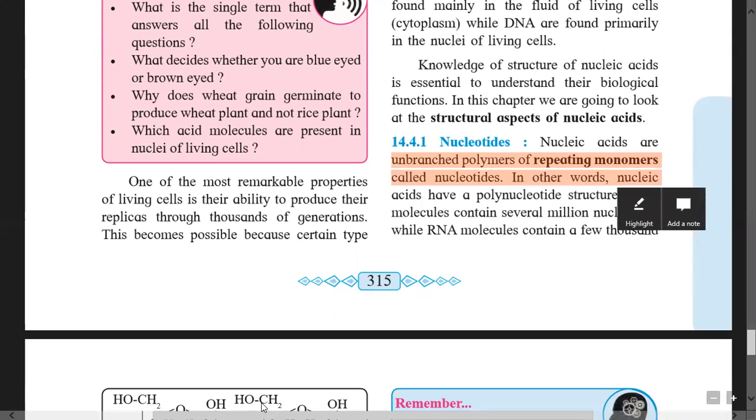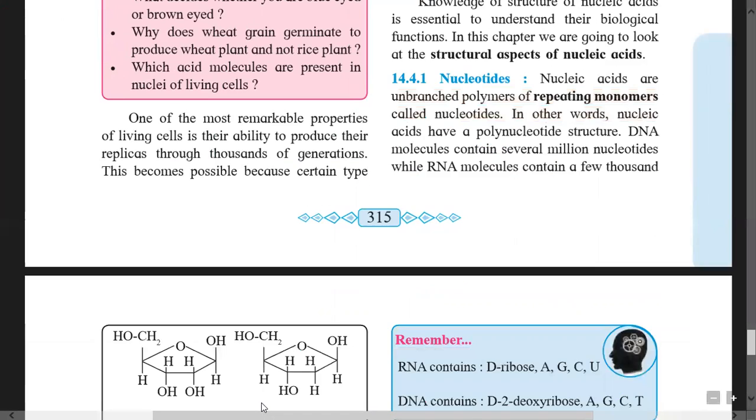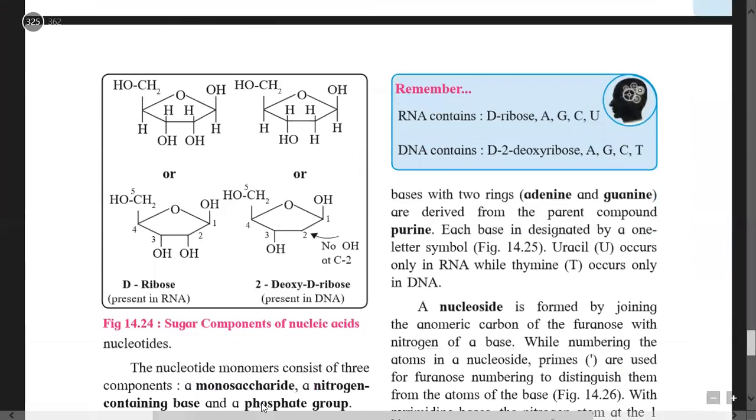This DNA molecule consists of several million nucleotides in one molecule, and an RNA molecule contains a few thousand nucleotide molecules. So in short, these nucleotides are the monomers present in the nucleic acid polymer.